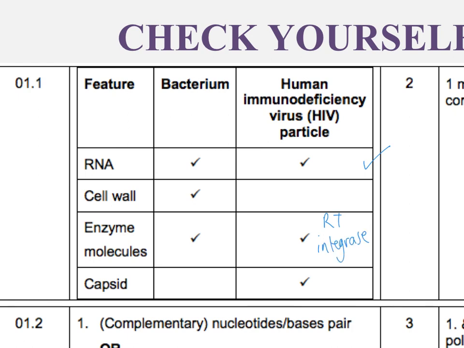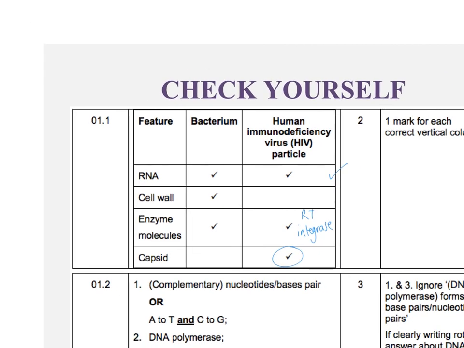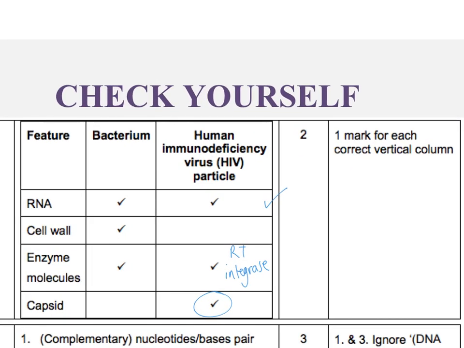And finally, the HIV molecule itself has that capsid. We've not got a lot of leeway in the marks here because it's 1 mark for each correct column. So you had to get all of those right and all of those right to be able to pick up 2 marks. Otherwise, you got none.